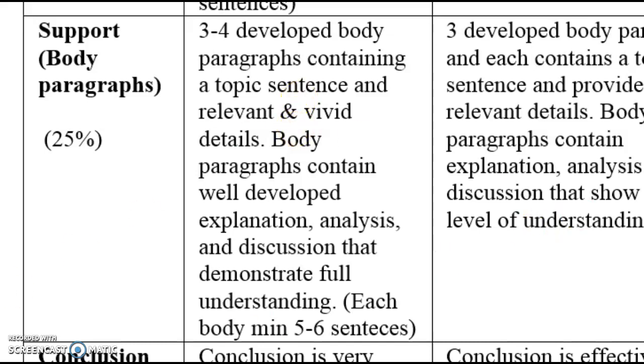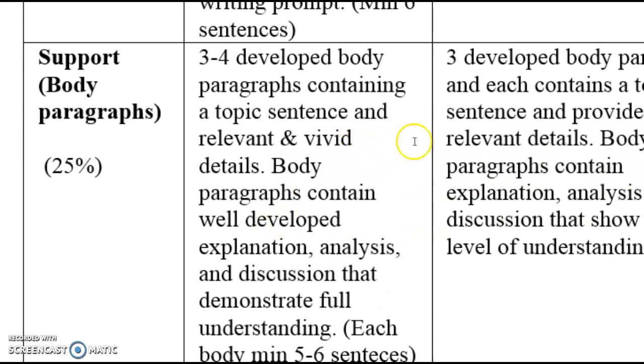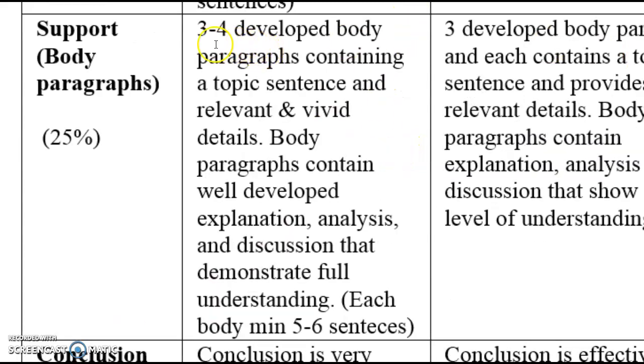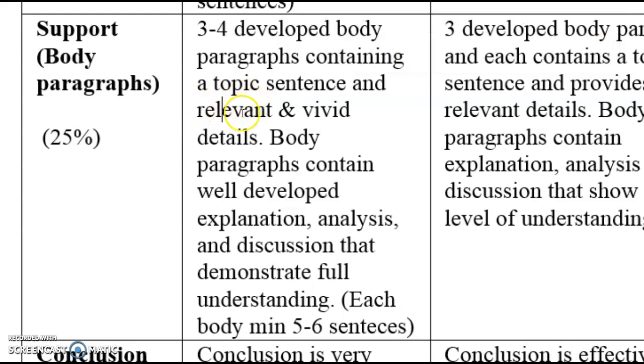So here we are again looking at the body paragraph, and remember this is the A-level body paragraph description. And this one is saying that a great body paragraph has 3 to 4 developed body paragraphs containing a topic sentence, relevant and vivid details, meaning that every sentence is serving a purpose, is trying to support the topic sentence.